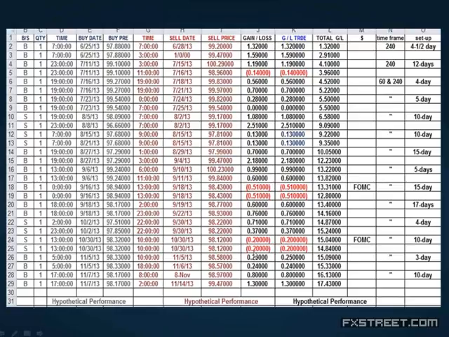So these numbers are all padded by 2.5 pips. So you add 2.5 pips to account for the spread. So if you're lucky and you only have a 1 pip spread or a 1.5 pip spread, then you can add on a pip on each of these trades. So that's 29 trades here, you can add 29 pips to the total.